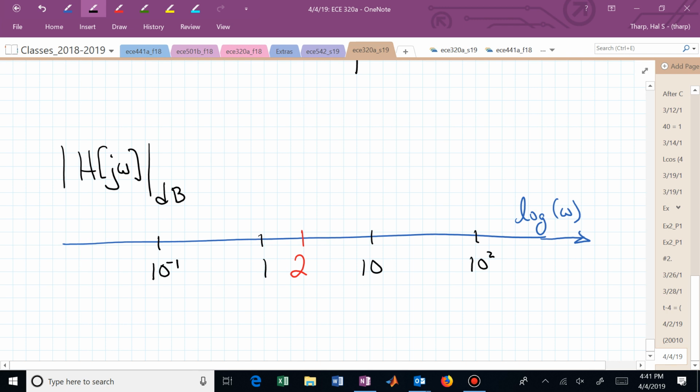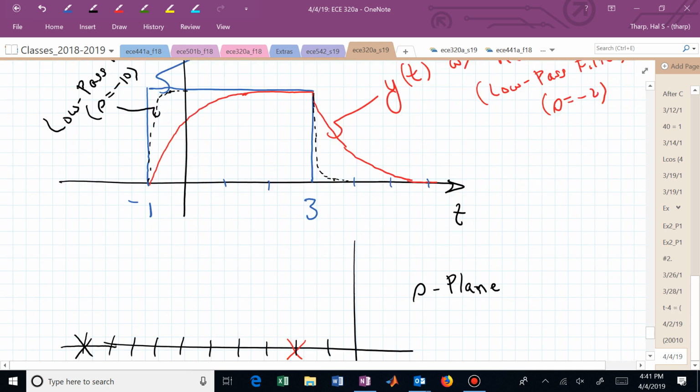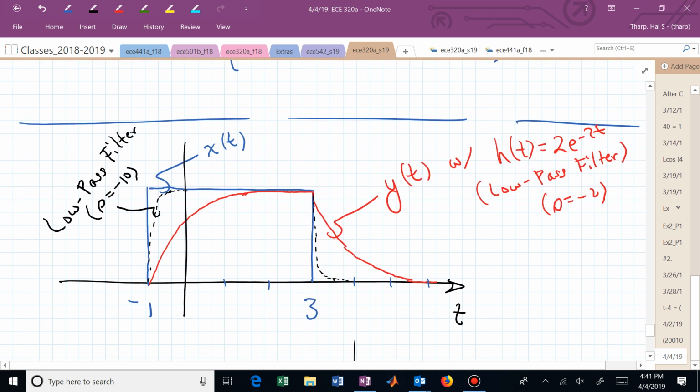as straight lines. What's the low-pass filter of this guy look like that has a pole at -2? Well, if this was h of t, if I Laplace transform that, what do you get?